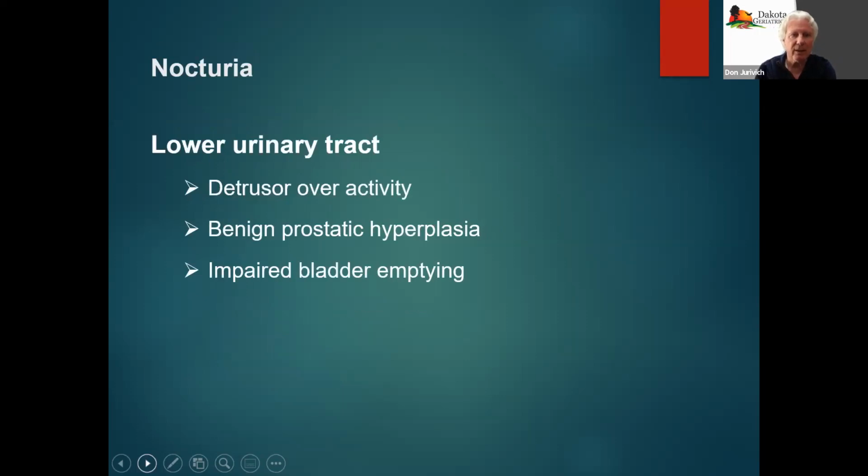So for nocturia, there's issues with the lower urinary tract that are compounded by BPH, for example, which both pushes up on the bladder, causing a smaller bladder volume, and it also blocks the bladder emptying, so you have more retained urine.